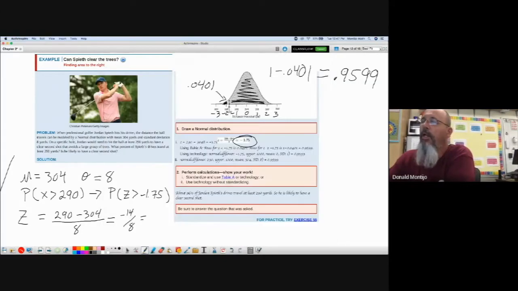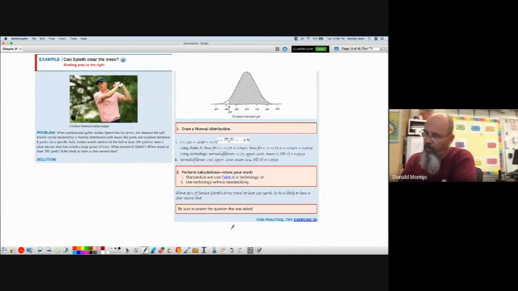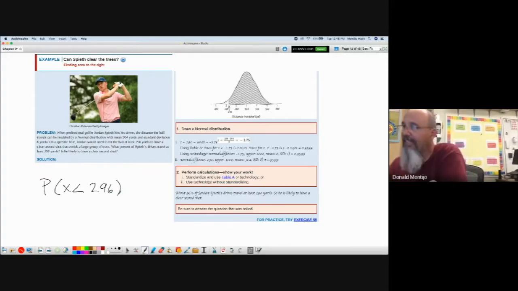What if I wanted to know the probability that his drive, let's say that he hits a drive less than 296 yards. So he hits anywhere from 0 to 296. I can see here that 296 is one standard deviation below the mean.